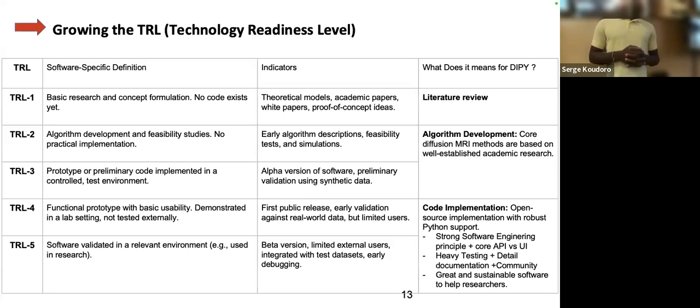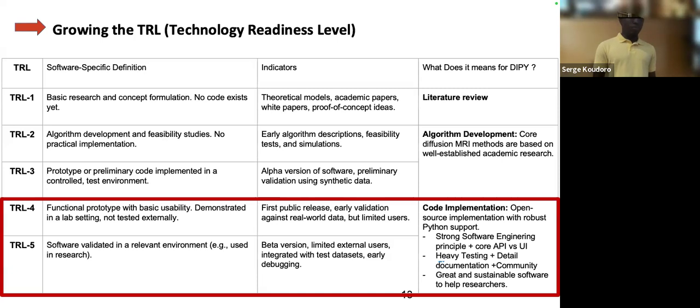You can see that we have a huge documentation in DIPY. And of course, since it was a multi-lab project, they started to use the community that we started. It was very great. All of these elements make DIPY a great and sustainable software to help researchers.